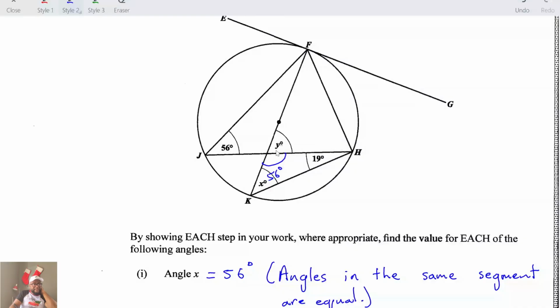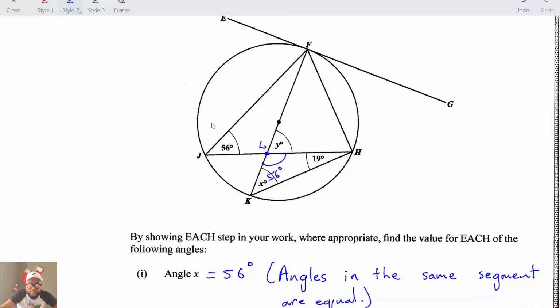But then this angle and X and Y actually add up to be 180 degrees. So let me call here H, J, K, L. Let me call here L, because it didn't give here a name. So KLH is what we're trying to find first, right?